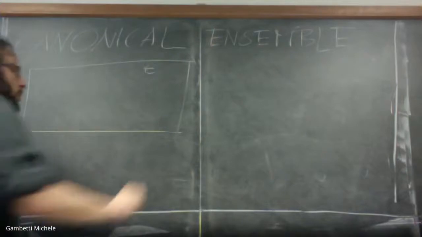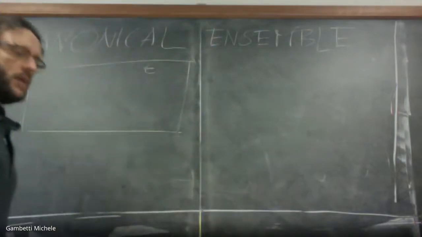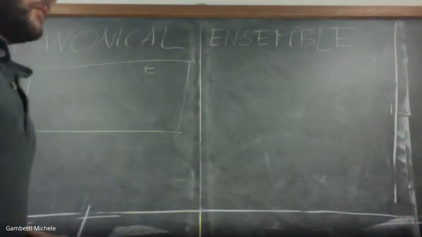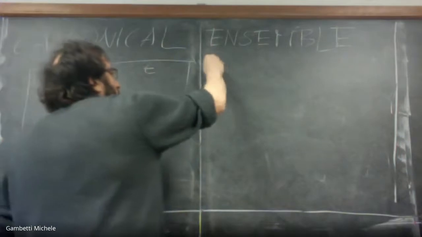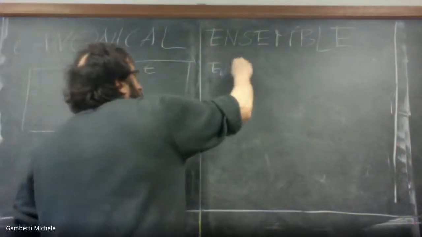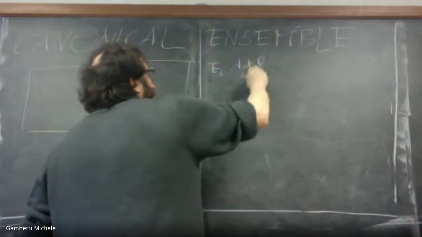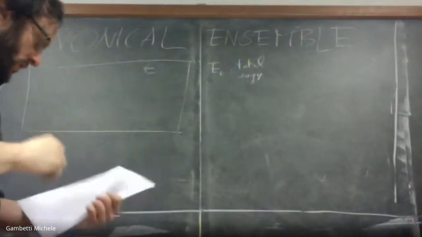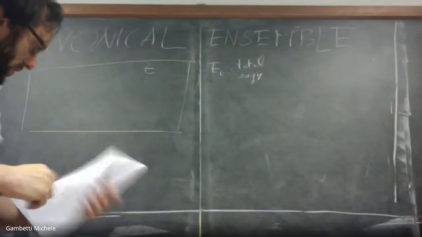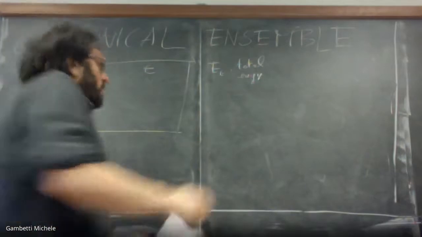So suppose that this is a system which is a member of a microcanonical ensemble, so it has a total energy E_T.